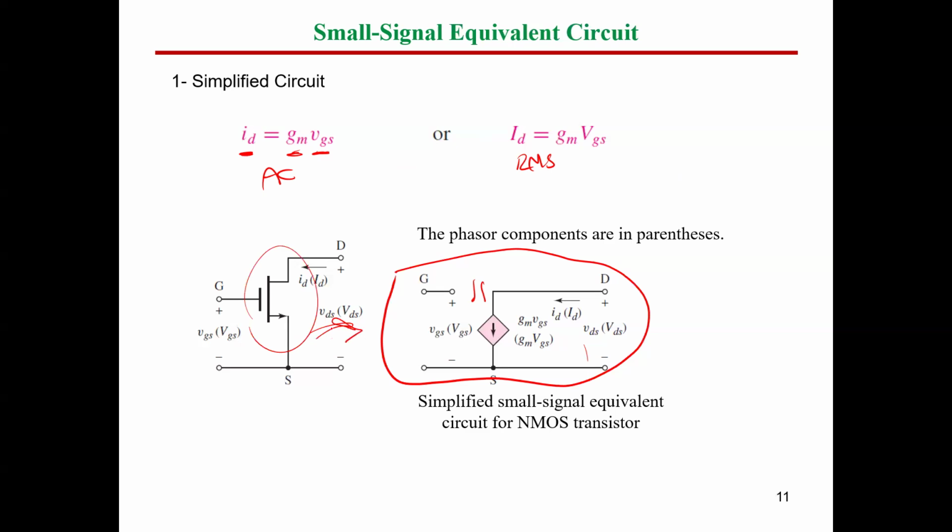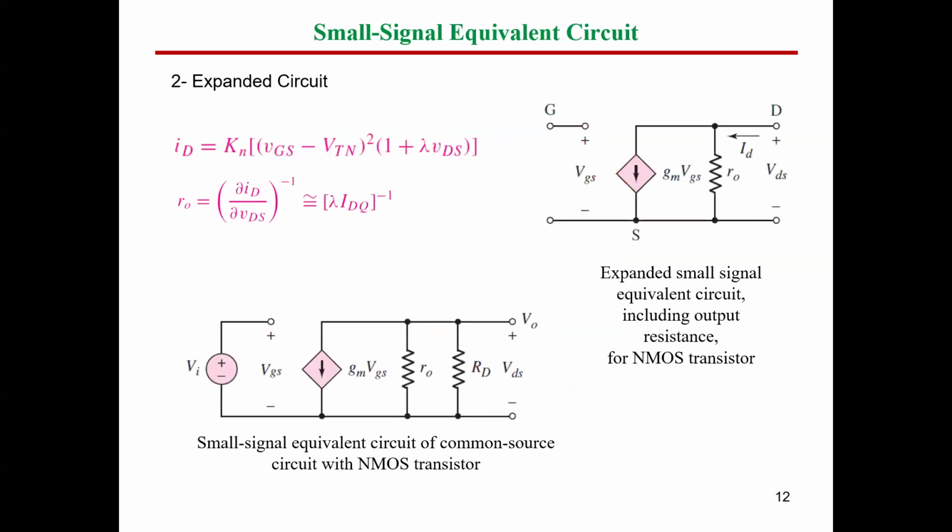But if we need to consider the accurate model, let's see what we have. You remember before, guys, we mentioned that this is the exact characteristic of the MOSFET if we consider the slope of our curve. So this is the linear region. Here we have the saturation, and we said that the saturation is not like a constant value.